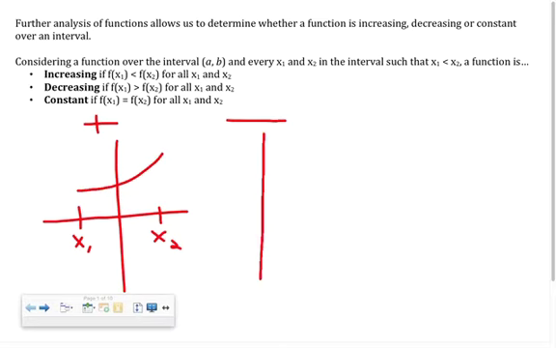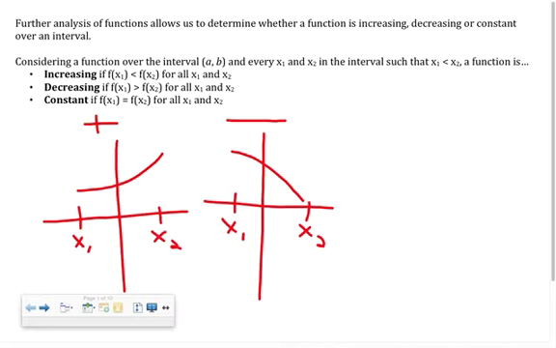Whereas if it is decreasing over that interval, again, obviously x1 is going to be less than x2, but what I'm interested in is the function values at x1 and x2. And if it's decreasing over that interval, then that's what the graph would look like. It would be decreasing at that interval.